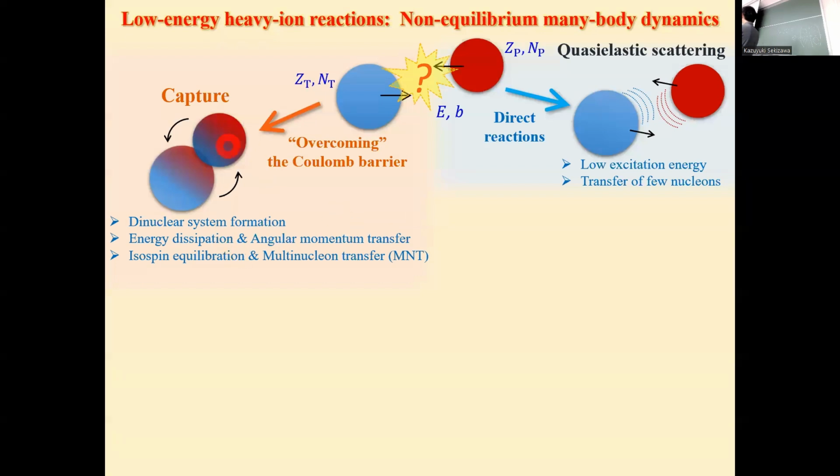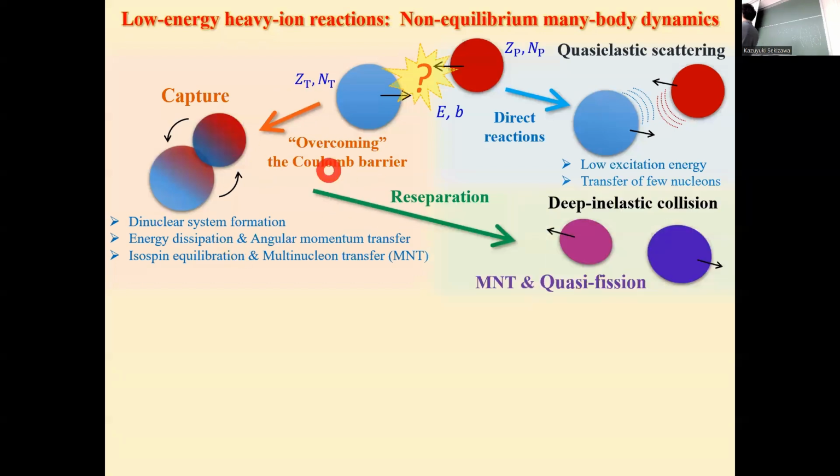And after some time, it can separate to form two individual nuclei. You can regard it as a deep inelastic collision. Since we have a lot of energy dissipation, the kinetic energy is much lower than before.